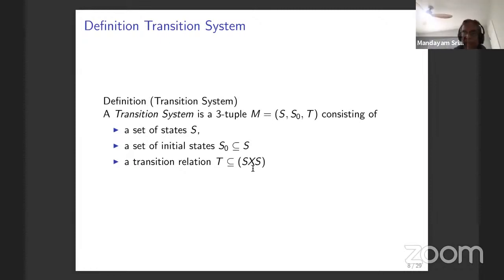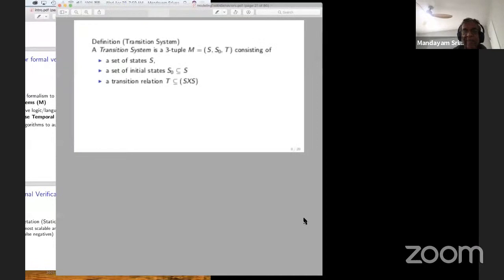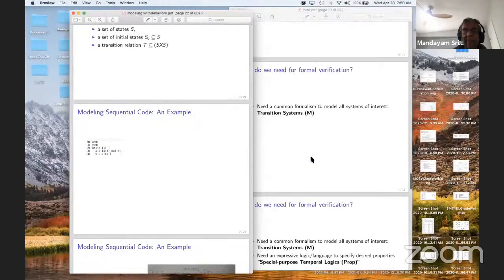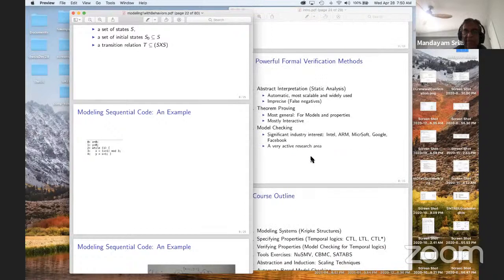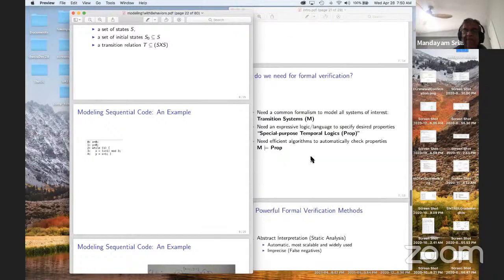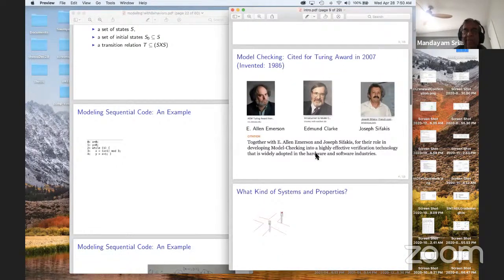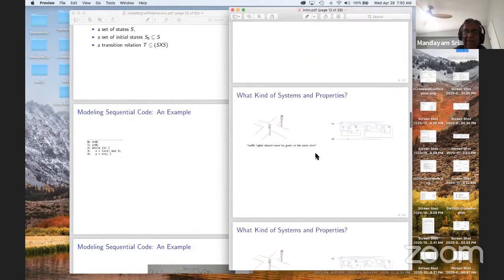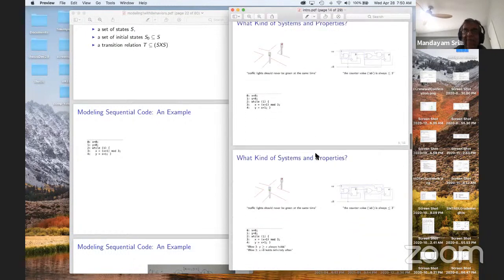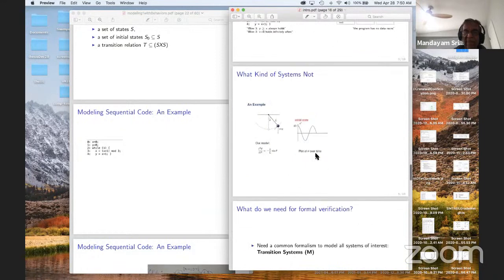For example, I had the example of the pendulum, no? So let's take this. Here, you can discretize it and then model it.